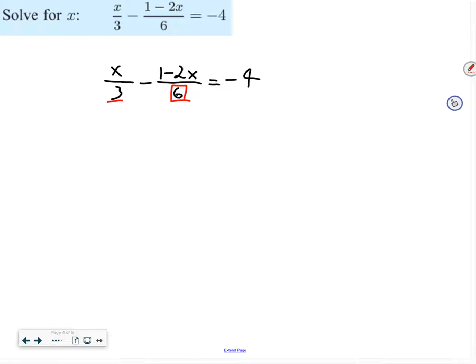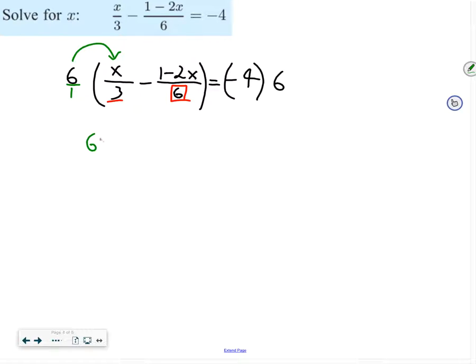Okay, so on my left side, I'm going to multiply it by 6 here, and I'm going to multiply this side by 6. Okay, so as I do this, I got to remember I'm distributing across. So I'm going to do it step by step here so we don't lose anything. So this first step here I'm going to do in green. So 6 times x over 3. I can think of this as 6 over 1.